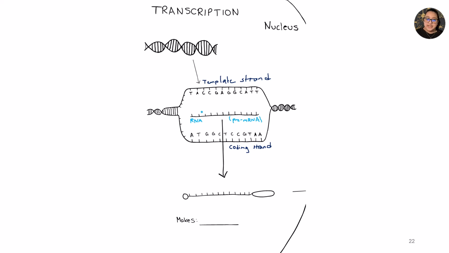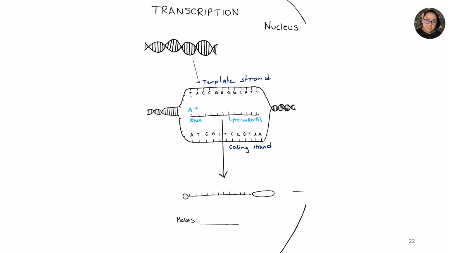So this is RNA, and what you do is you read what letter is here on the template strand and put the corresponding complementary letter. Remember, in DNA, A and T always go together. So if this is a T, then this is going to be an A. But in RNA, instead of a T, RNA uses uracil.